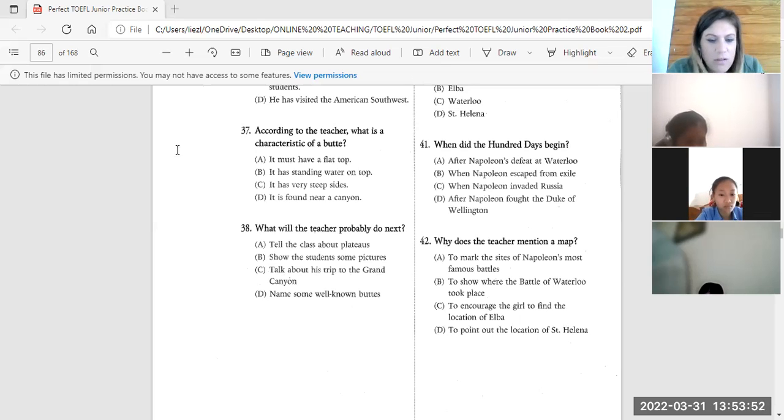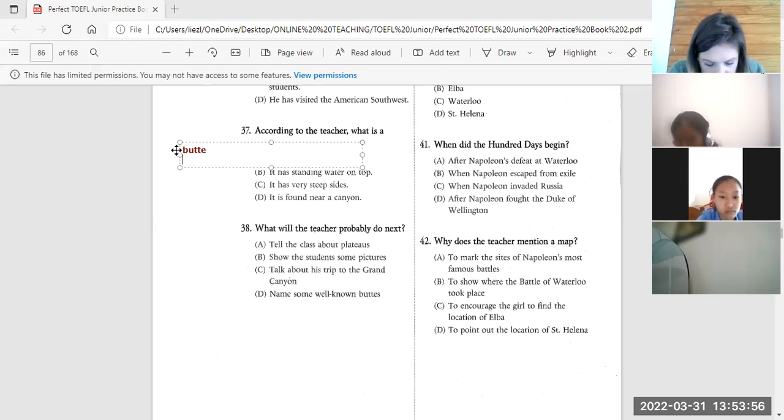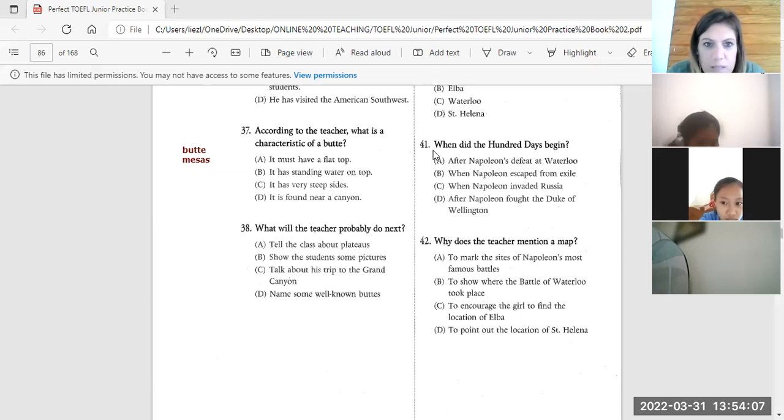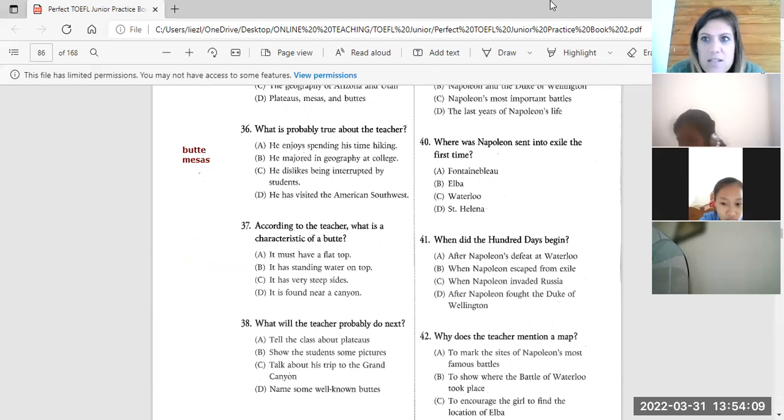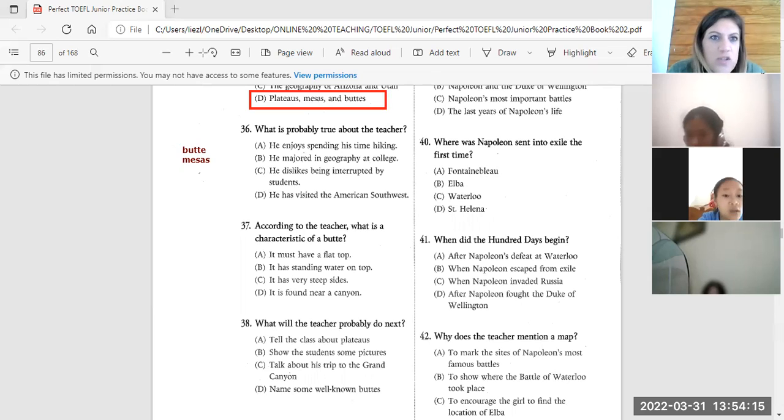Okay, so he told them about the butte, and he told them about the mesa. So he told them about those two, and in the beginning, he said there were three. Here's the three here. So he spoke about two already.